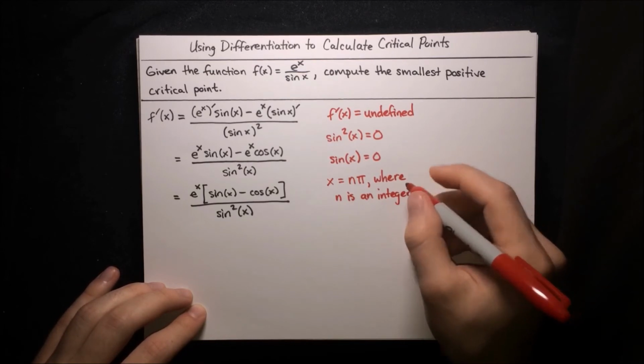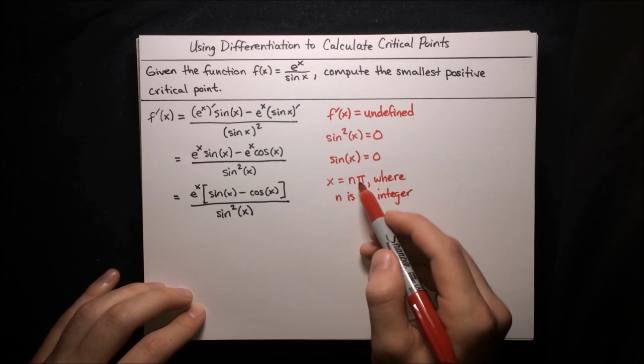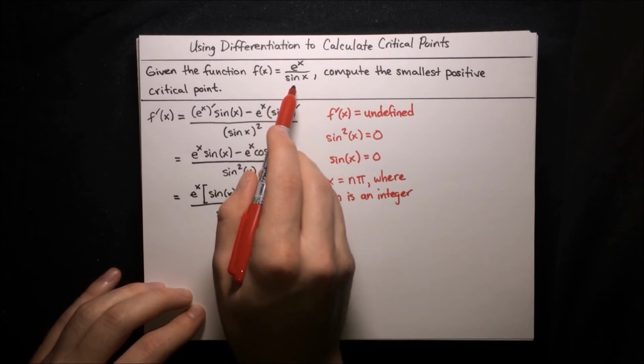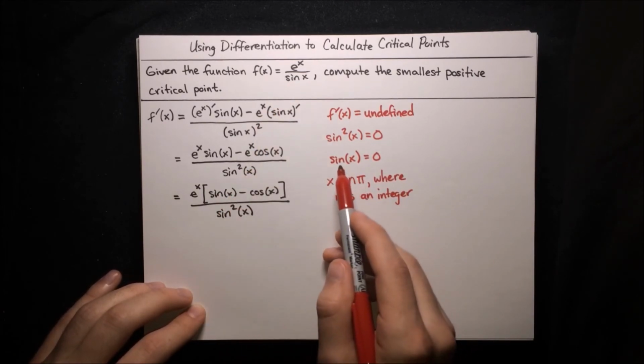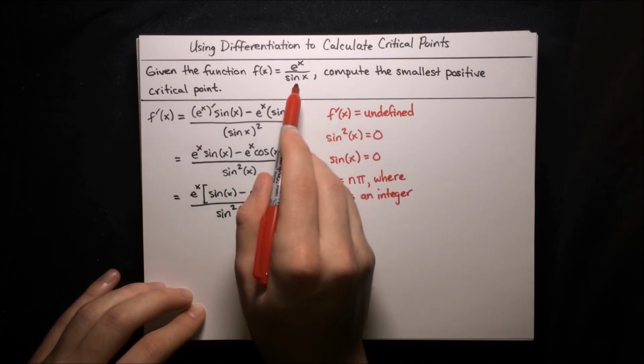But before we settle on these as critical points, let's make sure that our original function f of x is defined there. But actually, it's really easy to tell that these values of x would make the denominator 0 in f of x as well. These points came from the condition sin of x equals 0, so they're going to make sin of x equals 0 in the denominator of f.